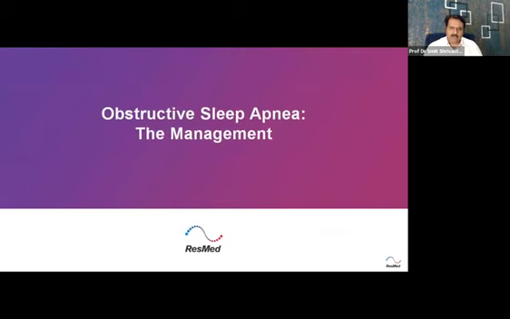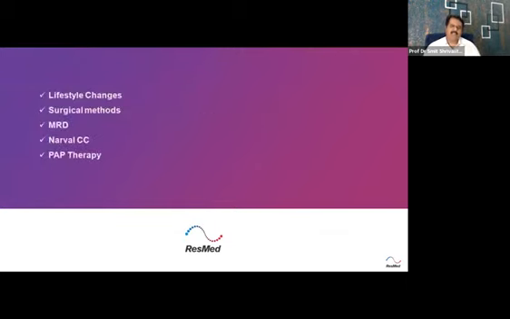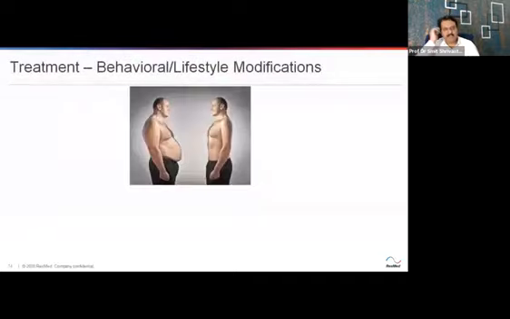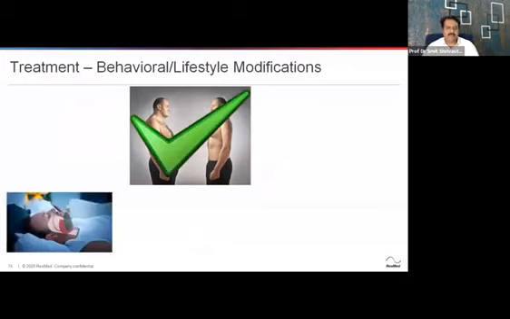Coming to the management part, obstructive sleep apnea starts, as always, with lifestyle changes: a desire to reduce the chin fat, a desire to reduce overall weight. So weight reduction, trying to sleep on sides.